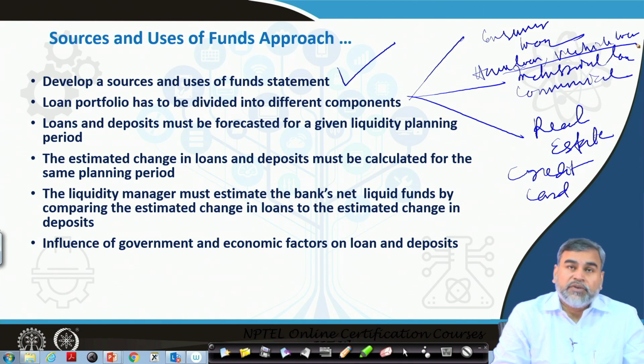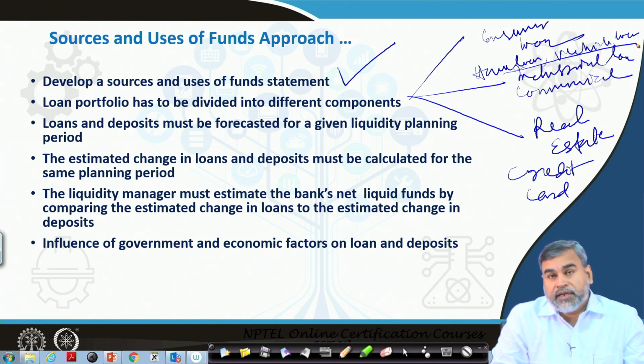Then the liquidity manager must estimate the bank's net liquid funds by comparing the estimated change in loans to the estimated change in deposits. How much liquidity is required, what is the net liquidity position of the commercial bank, and how much money is really required to maintain the liquidity, has to be estimated from this statement.